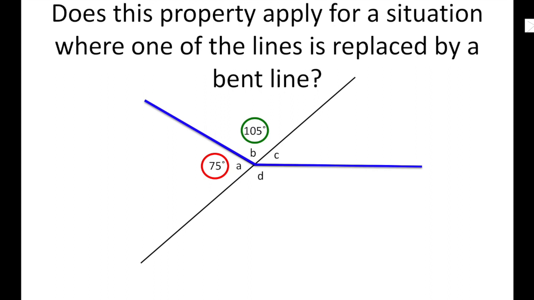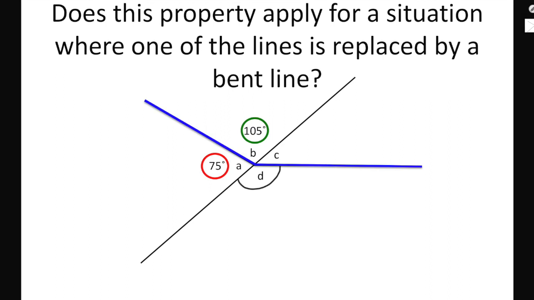Now if I look for a vertically opposite angle from angle B, for example, the opposite angle is this one here. But that does not look the same as angle B. I can see that angle B is maybe slightly more than a right angle, but angle D is much greater than 90 degrees.